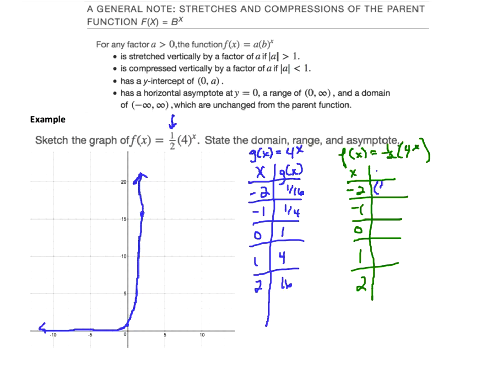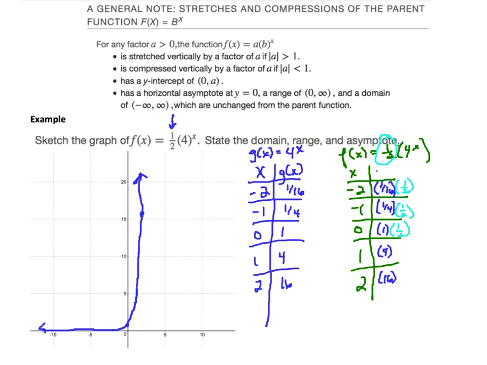Now what has happened with my output values is that I take my output from my parent function and I'm going to multiply each of them by half. I'm just writing down my original parent function output values, and then I'm going to come back and multiply each of those by 1/2.